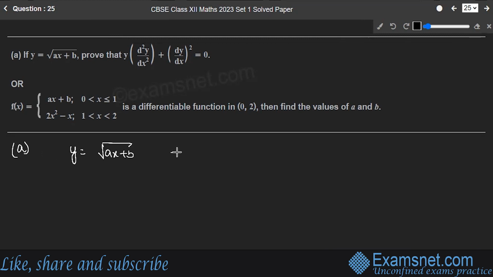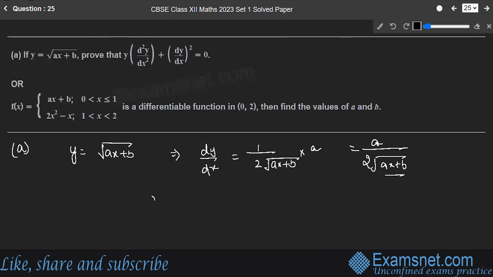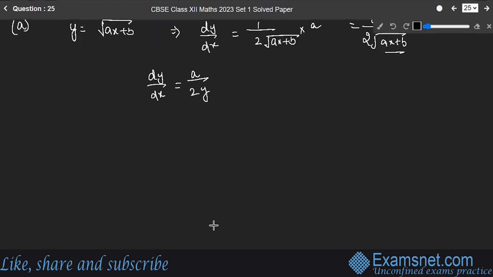Let's differentiate both sides with respect to x. You will have dy by dx is equal to 1 by 2 into this, multiplied by a, or that's equal to a upon 2 into this. Correct. Or see, this is equal to y itself. So I can write down dy by dx is equal to a upon 2y, right?